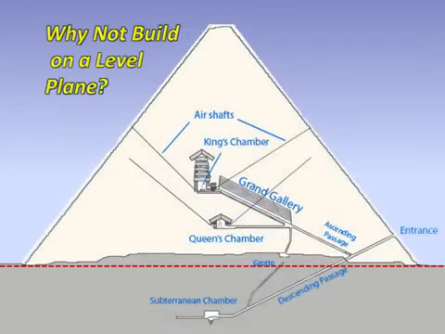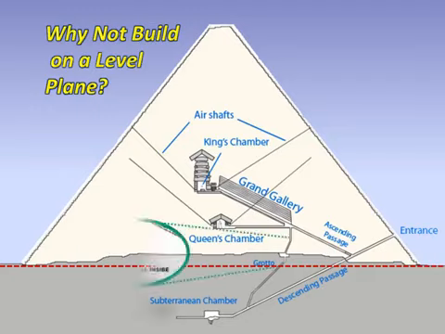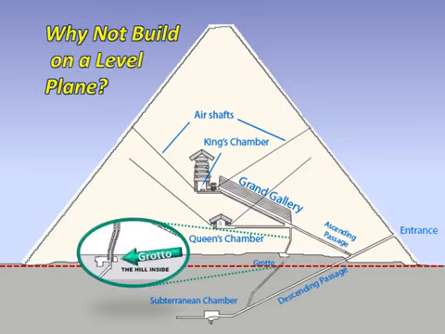One of the interesting characteristics of the Great Pyramid is that it was not built on a level plane. The perimeter is level, but in the middle you'll notice it goes up. And what's the feature in the middle that it goes up for? Well, there's a grotto there. That is actually inside the stone part of the hill.